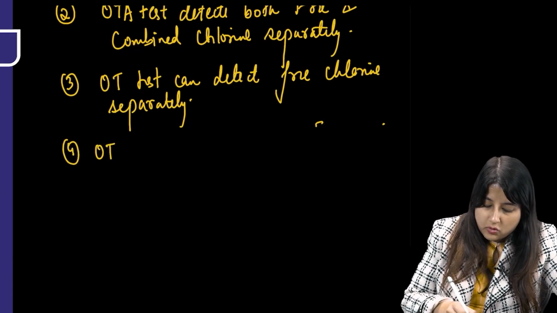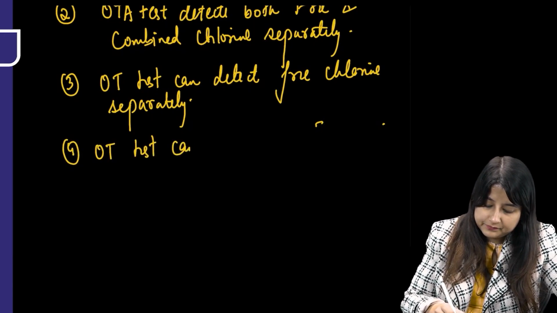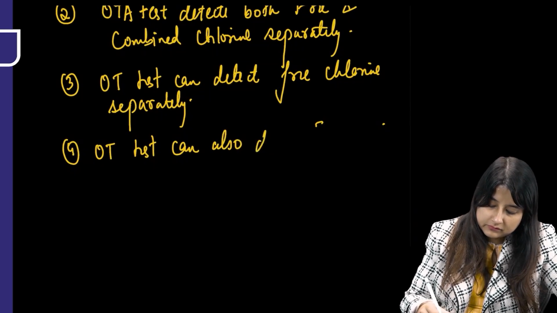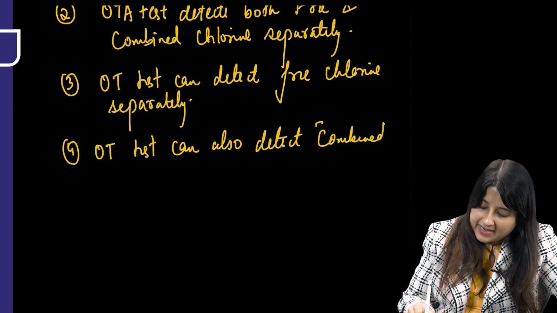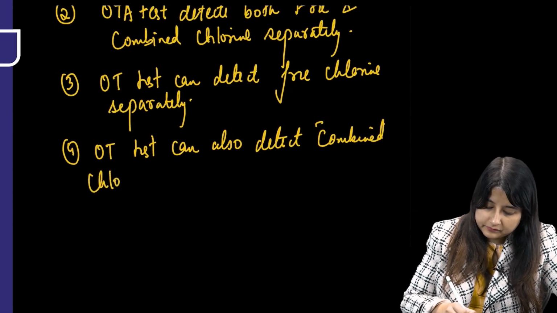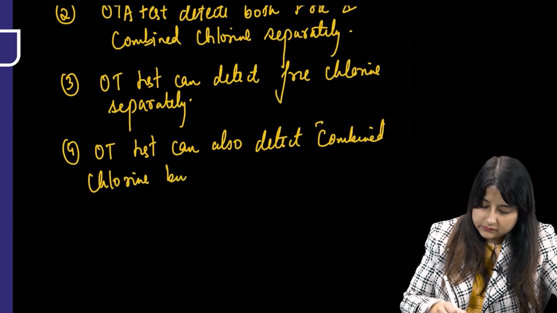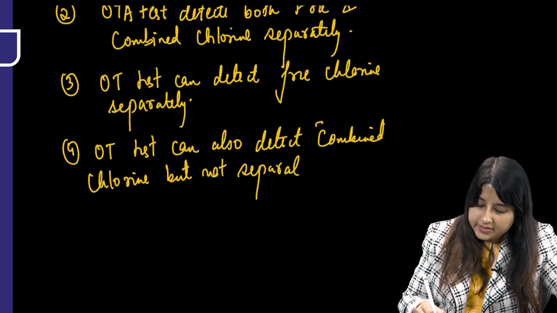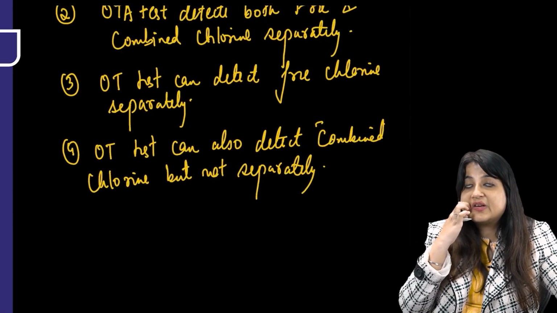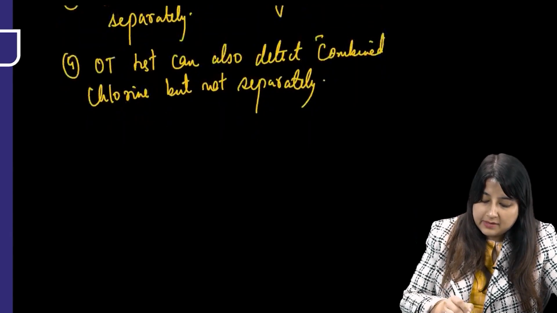Fourth point, OT test can also detect, guys, combined chlorine, but not separately. It cannot detect combined chlorine separately. Then how can it detect combined chlorine?